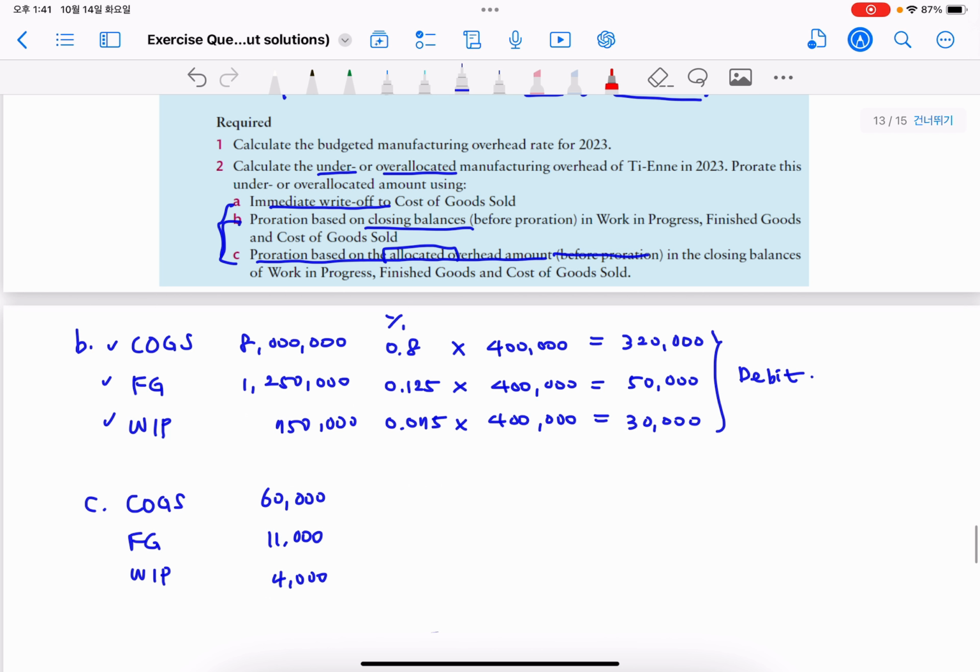Also we are going to do the ratio. Each would be 0.8, 0.147, 0.053, then multiply by the allocated amount.